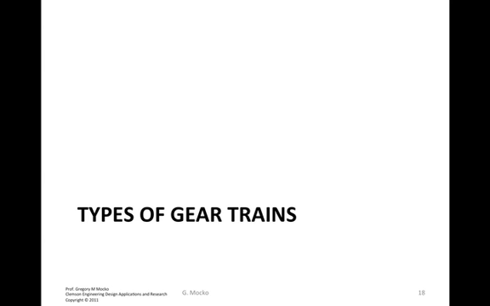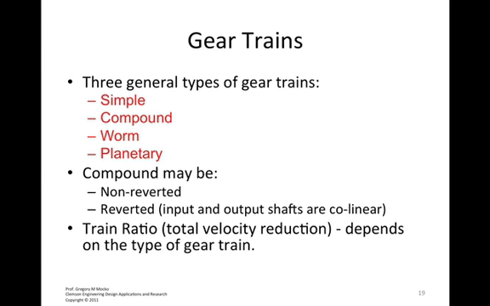The next topic I want to talk about, and I'm just going to start on this and then we'll go over these examples in class, is the types of gear trains. There are many different types of gear trains and many different applications for them. They can be boiled down to about 4 basic sets of gear trains.